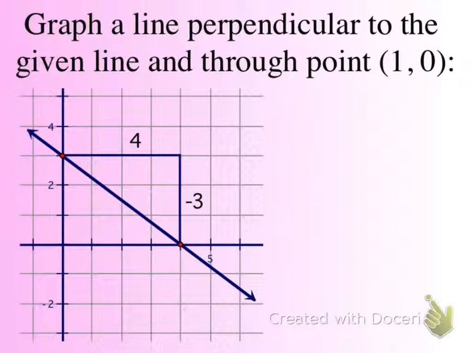So, in this case, we have this line, and the equation of this line would be y is equal to a negative 3 over 4x, and it's plus 3 because it crosses the y-axis at a positive 3.